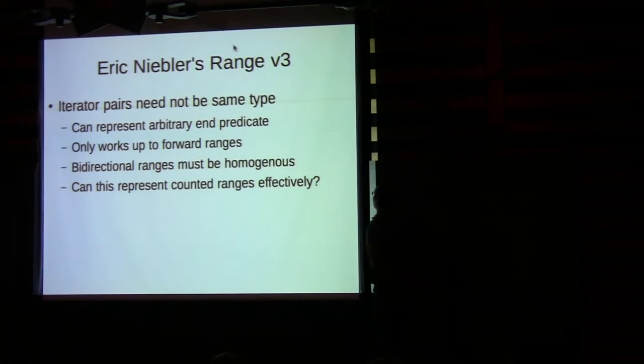The other thing that has come up that Sean Parent always mentions is, there are some situations where you don't have two iterators, you have an iterator and a count. And algorithms, to be efficient, often need a different implementation for that case than for the two-iterator case. And the question is, can we use these sentinels to represent that kind of counted range efficiently?